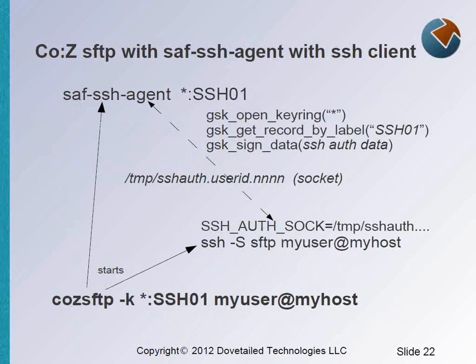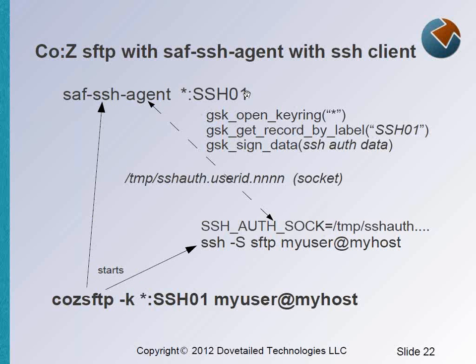So I'm not going to go into this in detail, but this is kind of a diagram of how it works with Cozy SFTP. So when you connect to a host using this certificate SSH01 on my virtual keyring, underneath the covers, it starts the SAF SSH agent process, right?